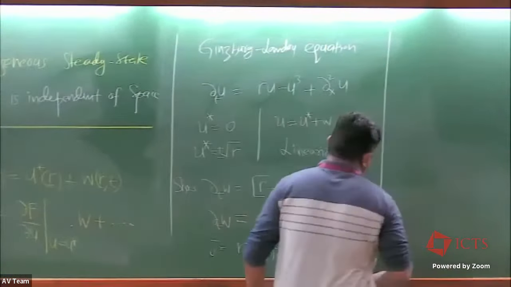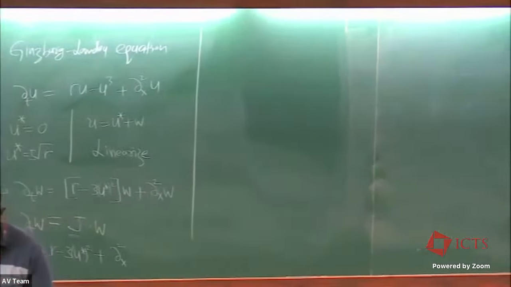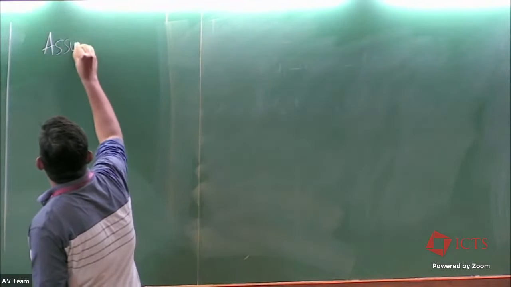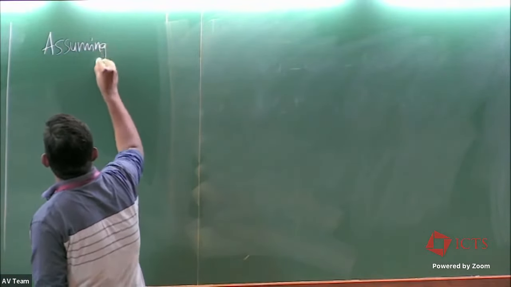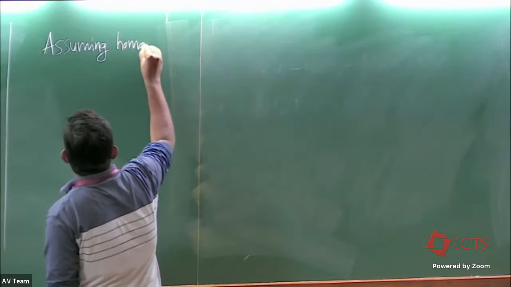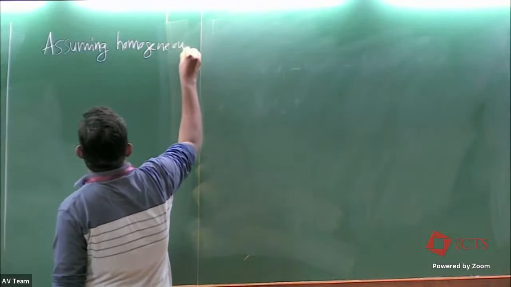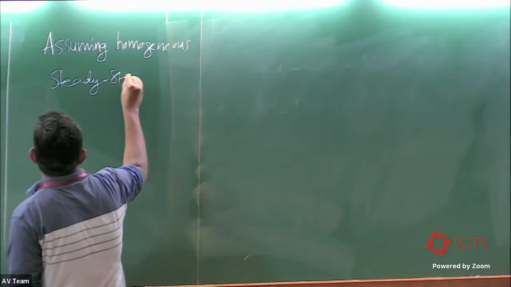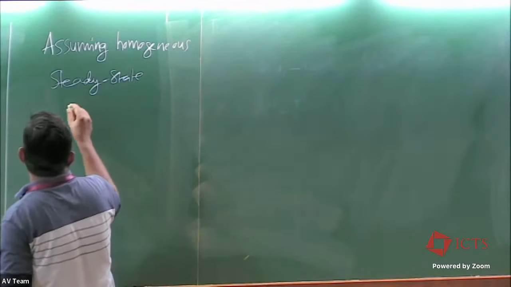Okay, so let's get back to the homogeneous steady states. And in the homogeneous steady states, set up the problem for looking at the linear stability analysis. So assuming homogeneous steady states, like you did, for instance, here.